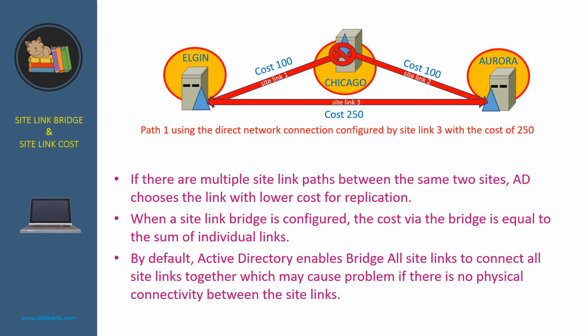When bridge all site links is enabled, path 2 is formed via Chicago router by bridging site link 1 and site link 2 with the cost of 200. Now Active Directory will use path 2 because it has lower cost to replicate the data between Elgin and Aurora, and the traffic will be dropped by Chicago router. Therefore, in many cases, the AD team chooses to disable bridge all site links and manually configures site bridges.